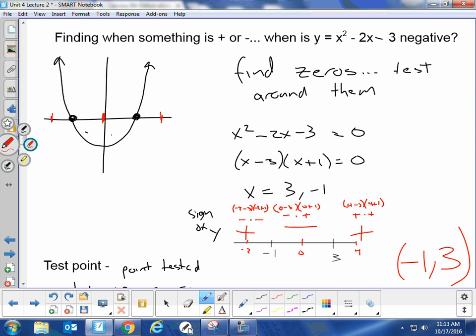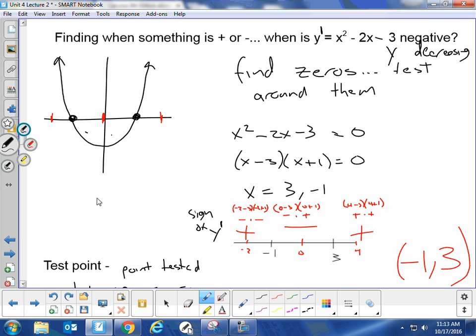What we will be doing is we're going to find when y prime is negative, because that will tell me when y is decreasing. And all of a sudden, it's not going to be the sign of y, it's going to be the sign of y prime.